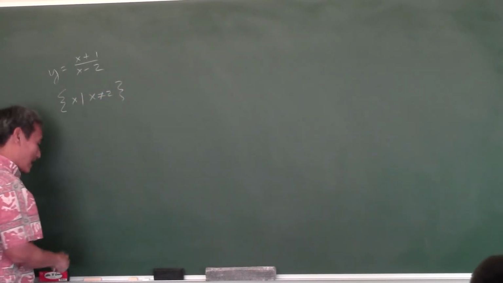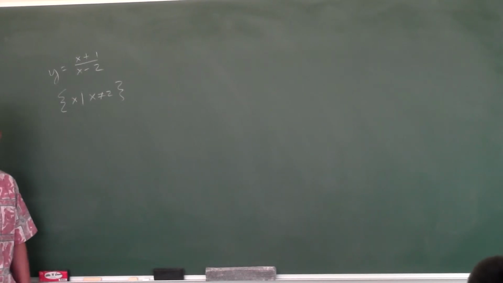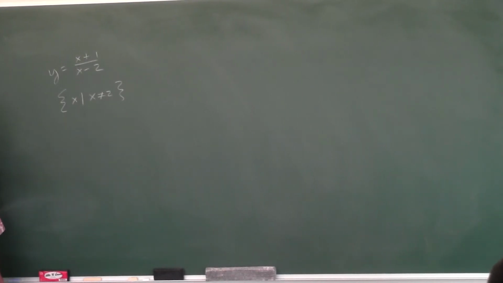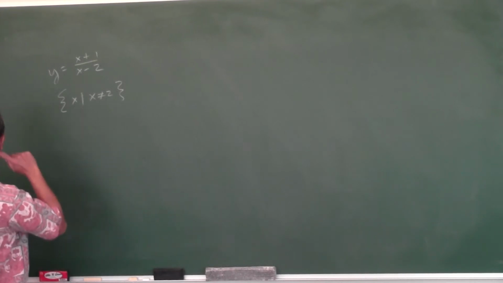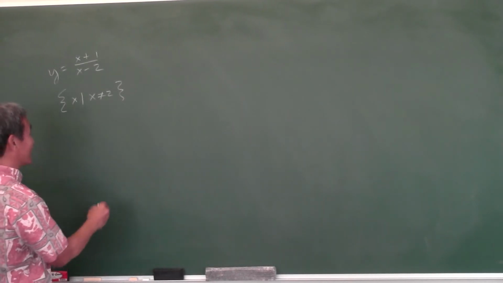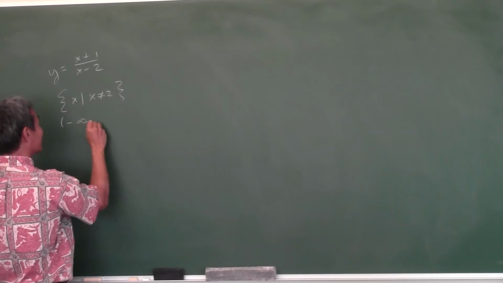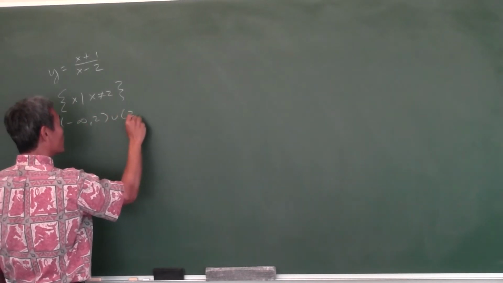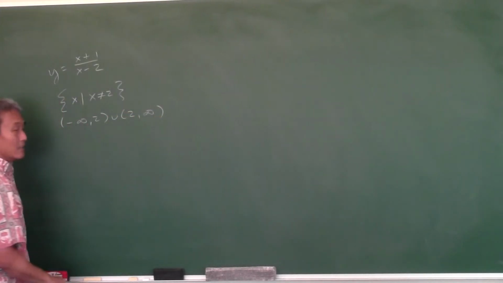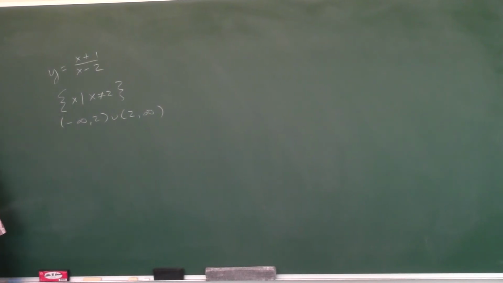You can write it like that. It's called set notation. You were trained in this in Meet 1, remember? Or if you'd rather write interval notation, negative infinity to 2, union 2 to infinity. Everything except 2. Easy, huh?